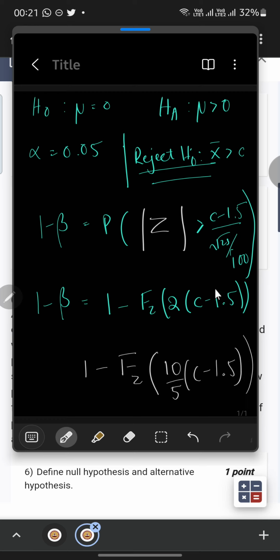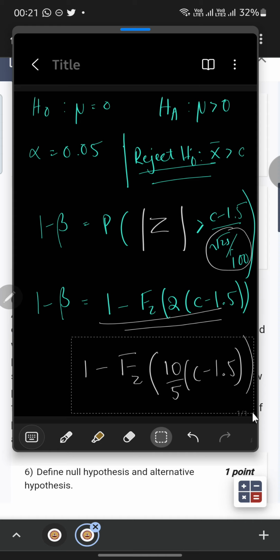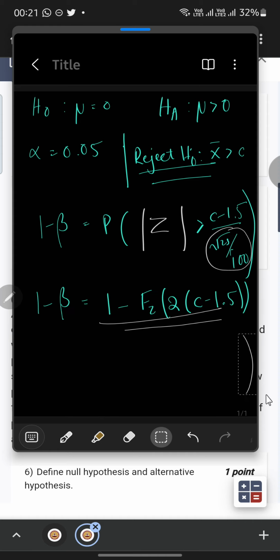Do you get that? I just simplified this term, so it would be 10 by 5 into c minus 1.5, and this is what is written here. Simple. So yeah, now let us just proceed. So this would be beta equals Fz of 2 into c minus 1.5.